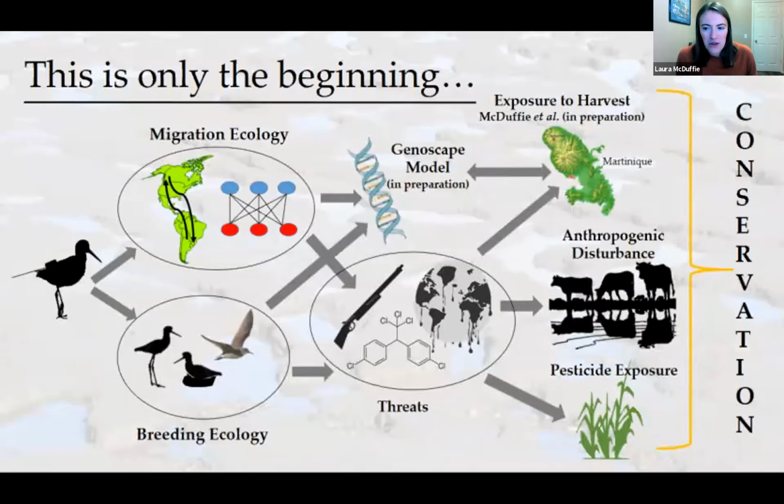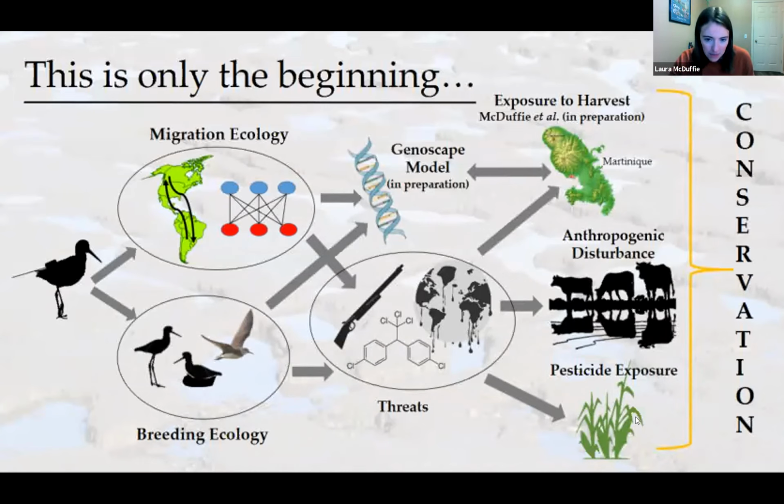Understanding migratory connectivity and harvest exposure really is just one component of the larger picture of lesser yellowlegs conservation. Like I mentioned before, not all populations are exposed to harvest equally, which means we need to explore what other potential threats may be affecting the species.